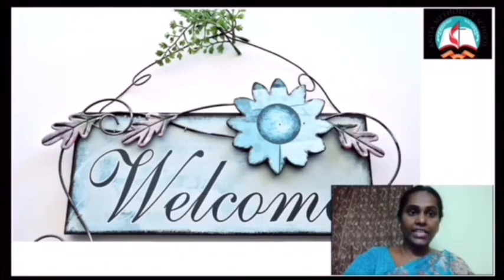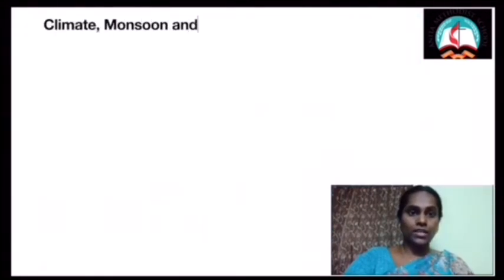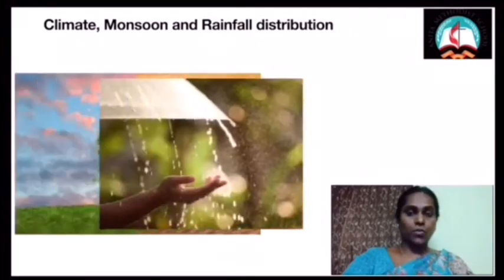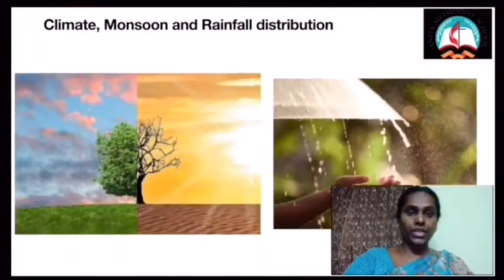Children, in this chapter, you will learn about the climate, monsoon and rainfall distribution. We drink more water during summer and do not drink the same amount of water during winter.